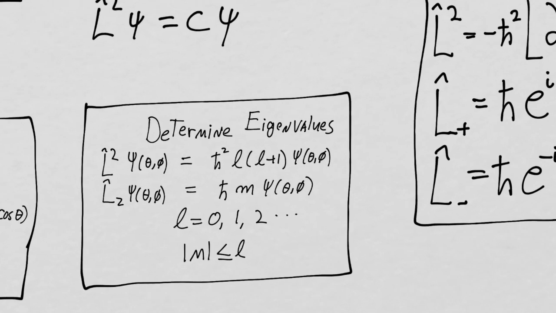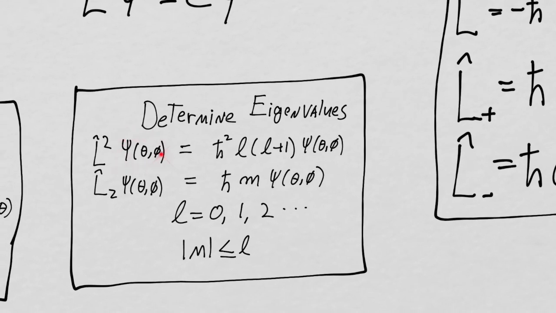And when we solve that differential equation, we end up with this value of psi, which is a real no-kidding function, which we'll talk about in a second. And we also learn what the eigenvalue is. The eigenvalue is h bar squared l(l plus 1), right? So that's really cool. And we can do the same thing for Lz. We can actually find out what this eigenfunction is for Lz.